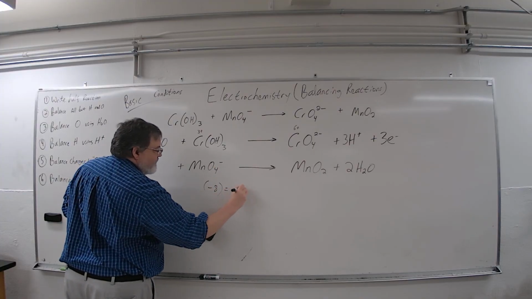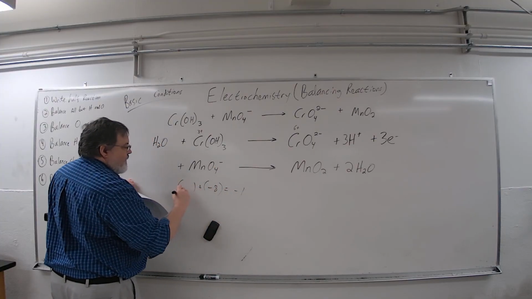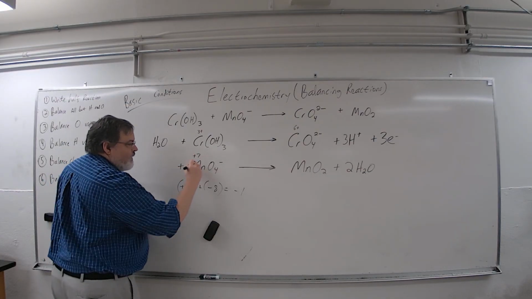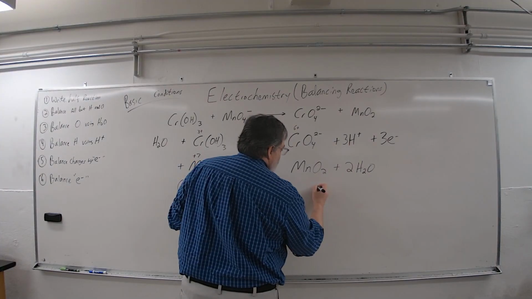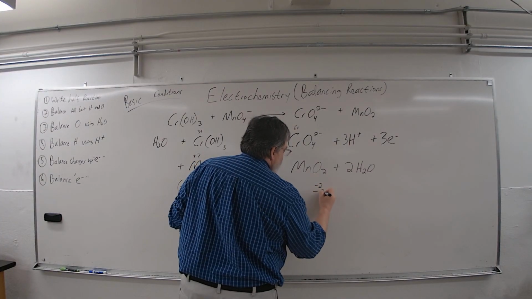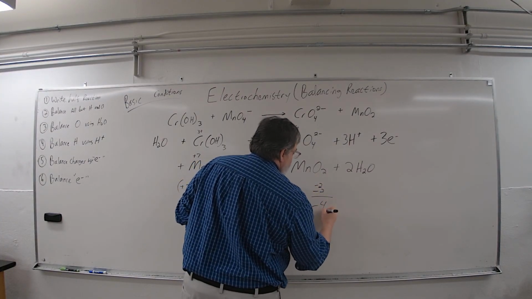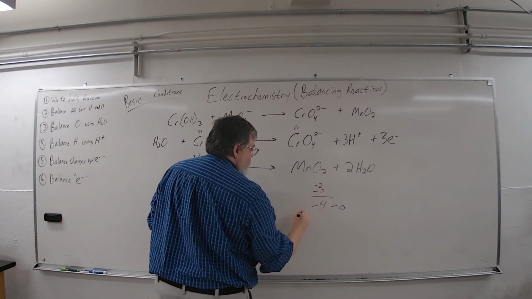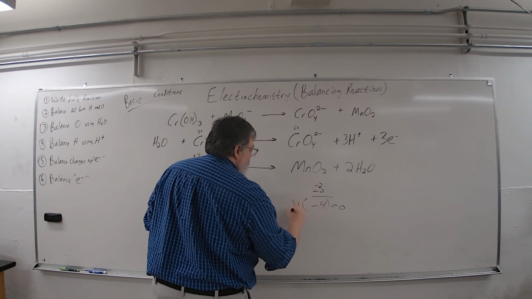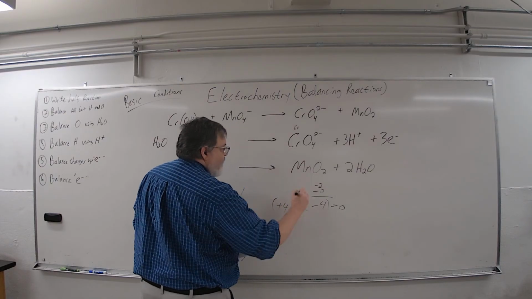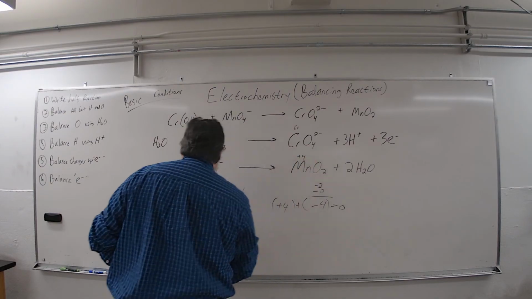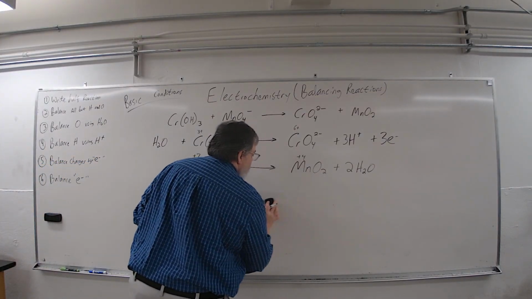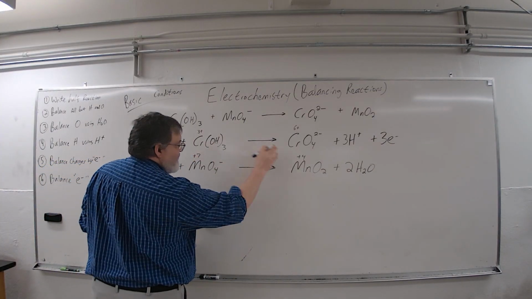This -1 goes here, so this is +7. Here, I have -2 for the 2 oxygens, so -4. This equals 0 because there's no charge. Now it's +4. So this goes from +7 down to +4.